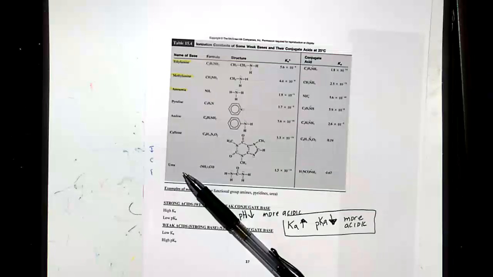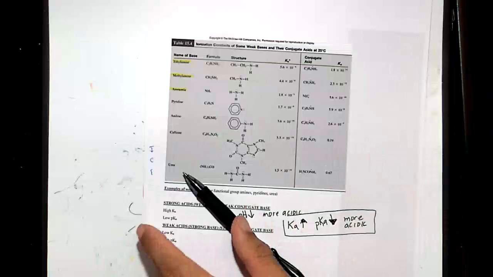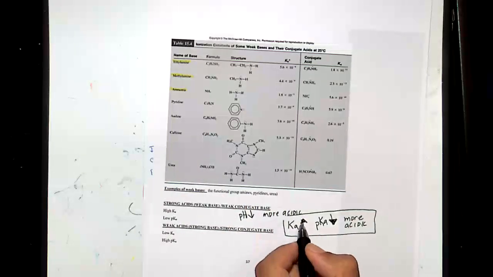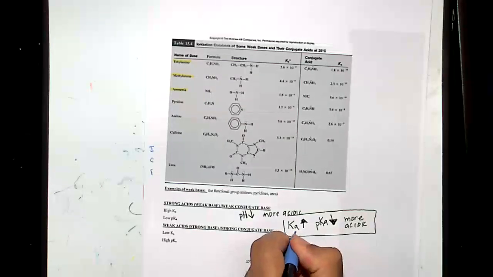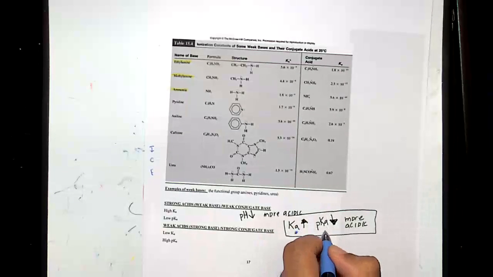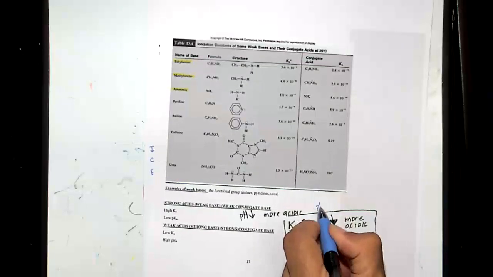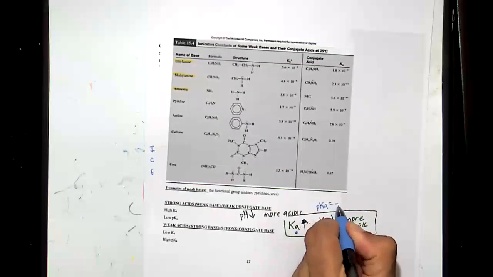I protonate you guys, all the way at the back. That's a strong acid. How do I know which is stronger than the other, though? If I have 2 acids or 5 acids, you're going to search the one that has the what? Highest Ka or lowest pKa. Okay, the power of the Ka.